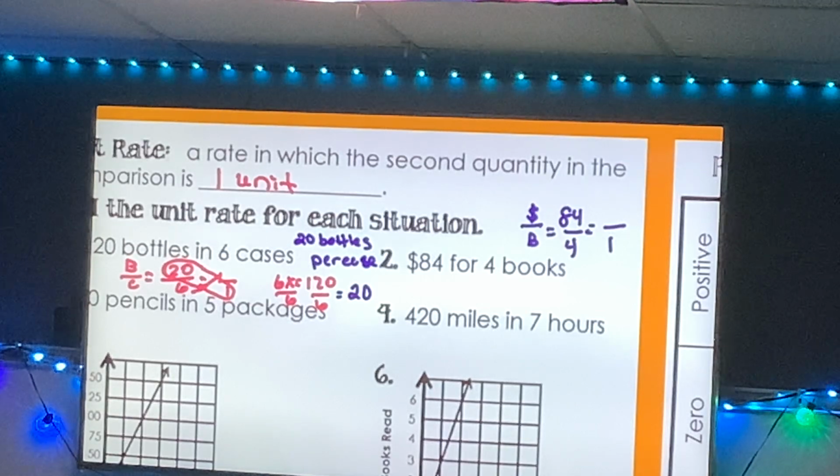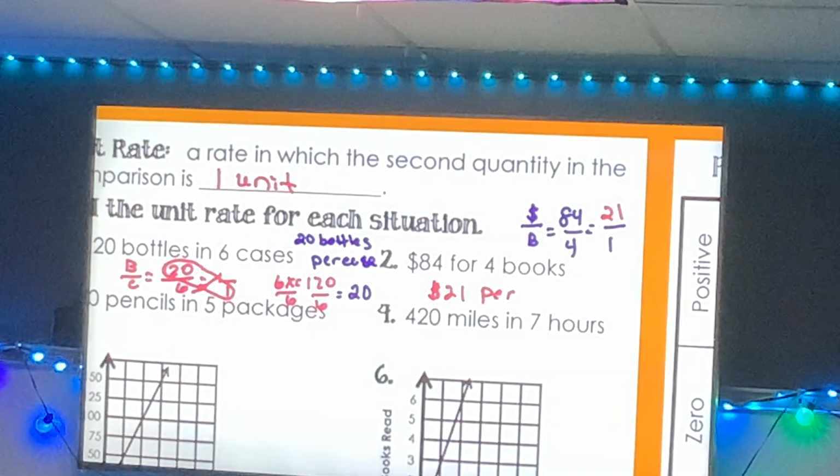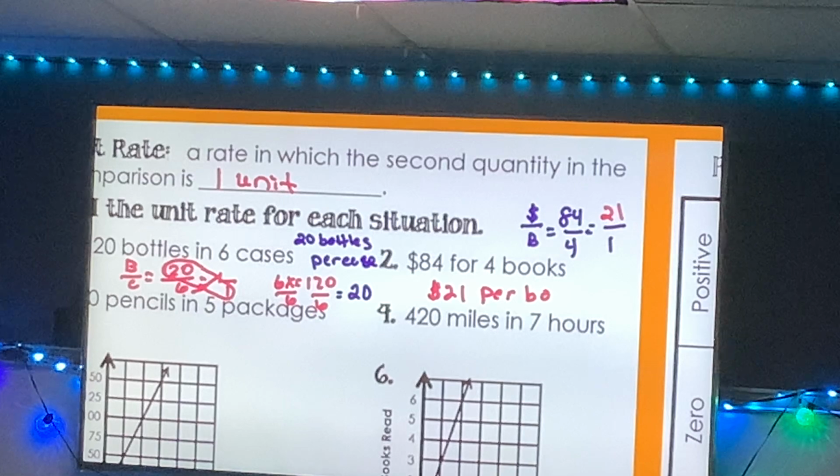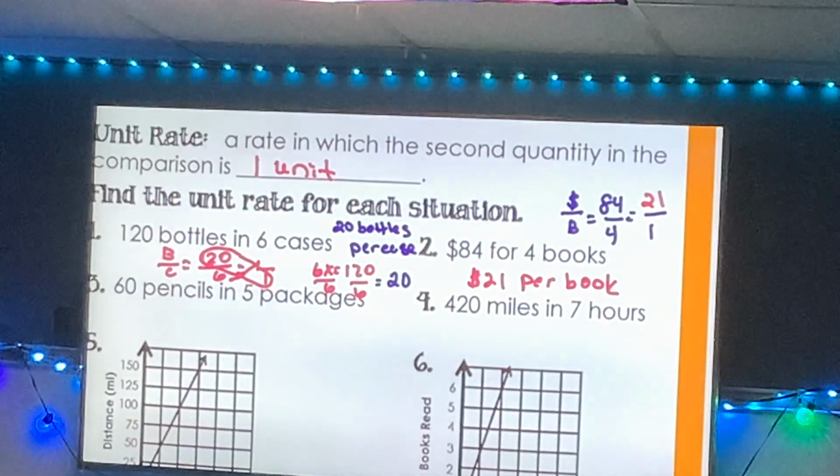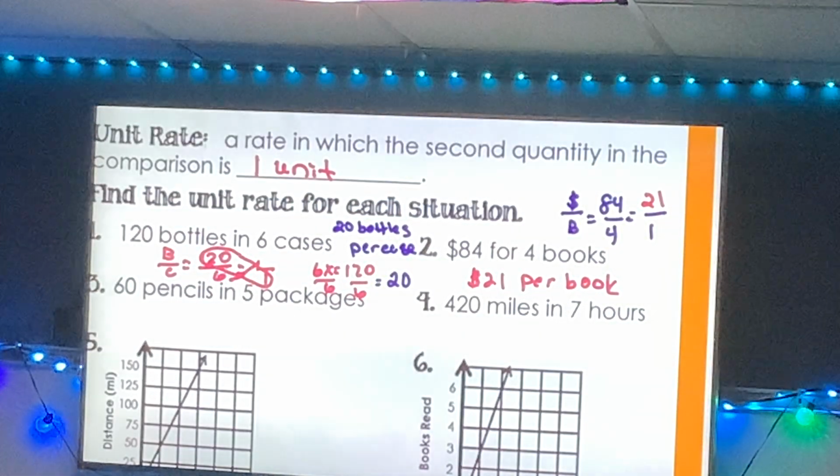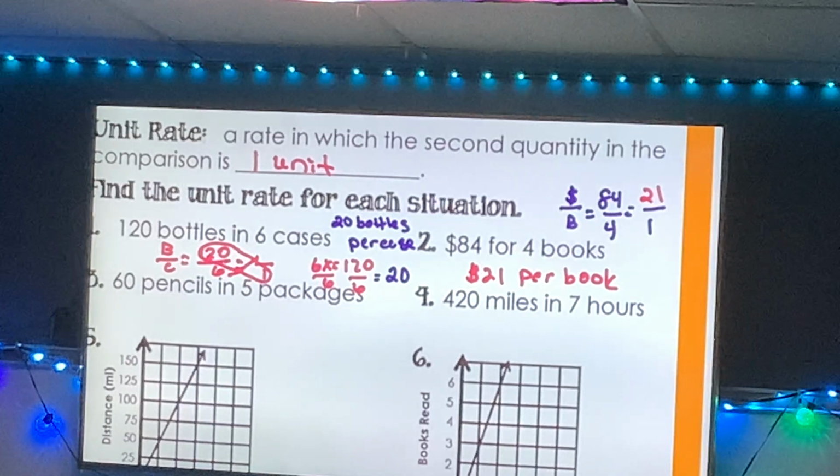And what is 84 divided by 4? 21. So it is $21 per book. This is what y'all did way back when.